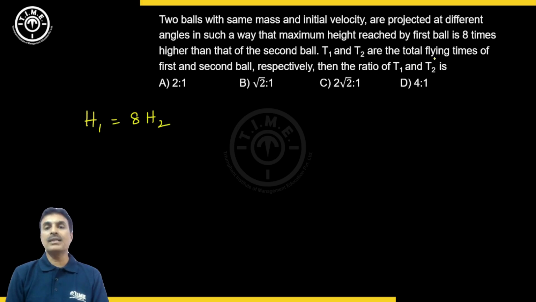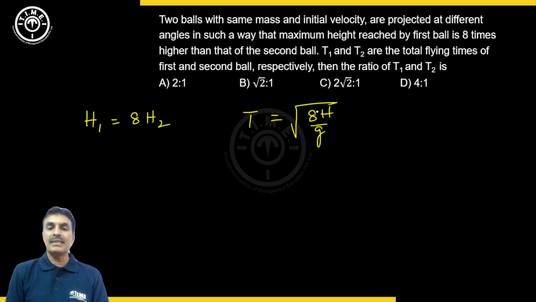If T1 and T2 are the total times of flight of the first ball and second ball respectively, then the ratio of T1 and T2 is, see, anyway it is independent of mass, instead of using initial velocity and angle of projection, I'll do it in a shortcut method. As we have relation between h and t, directly you can use t is equal to root 8h by g. That makes it easier. You can complete the question quickly using this relation instead of using u and theta relations.